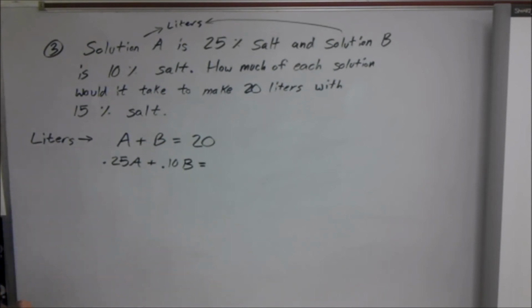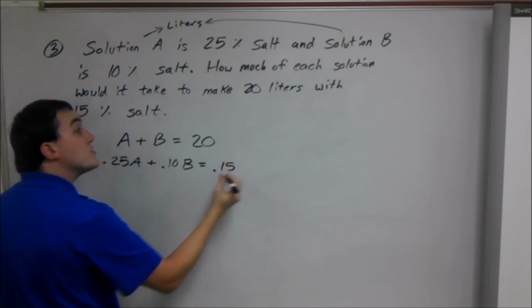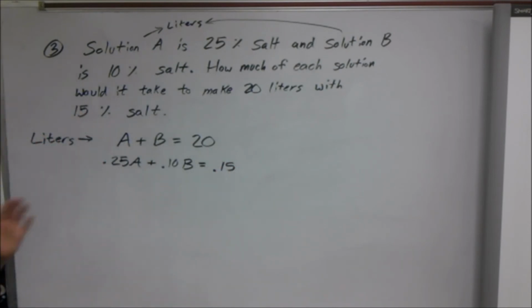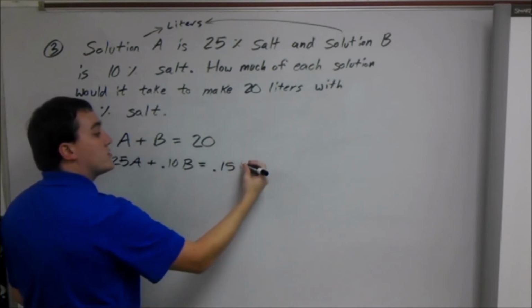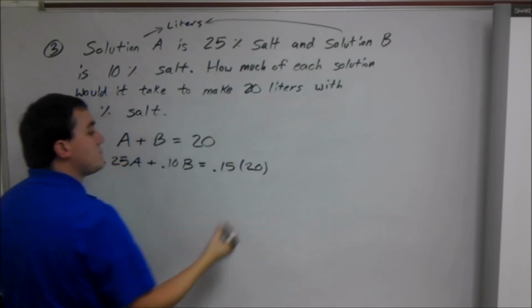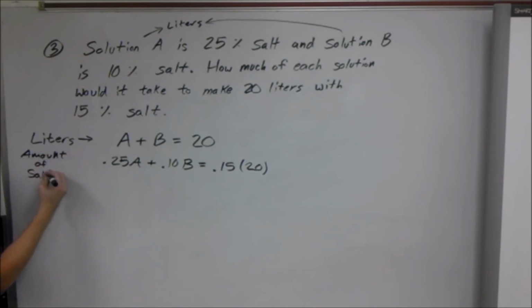Most people will make the mistake here of just putting 0.15. But we are also looking at the amount of the total. The amount of salt in the total. And there are 20 liters total, so times 20. Because this is the amount of salt in the solution.